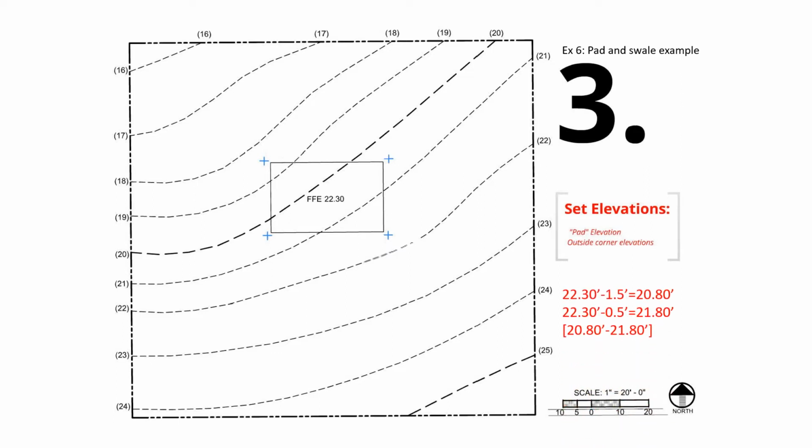So, the acceptable range according to these calculations will be 20.80 feet to 21.80 feet. For ease of demonstration, we'll just set them exactly 1 foot below the FFE, okay, at 21.30 feet.